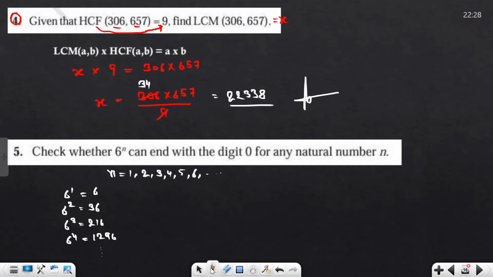The unit digit is what? The unit digit is 6.